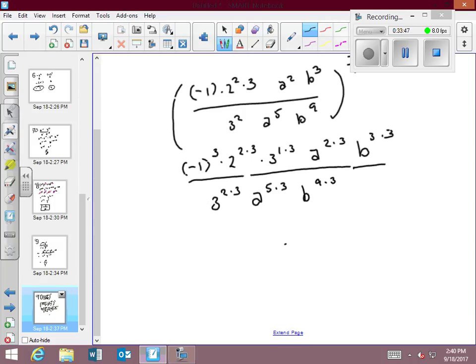Now at this point, with that minus 1 to the third power, we can figure out what our sign should be out in front, can't we? What should our sign be out in front here? Minus 1 to the third power is what? A positive or negative? Not a trick question. It's a negative, isn't it? Okay. So I can do away with that minus 1 by simply putting a minus out in front.